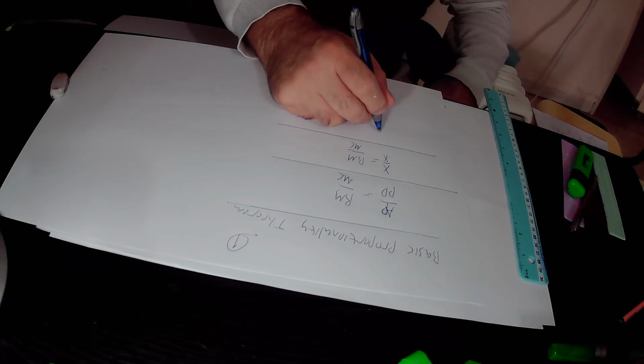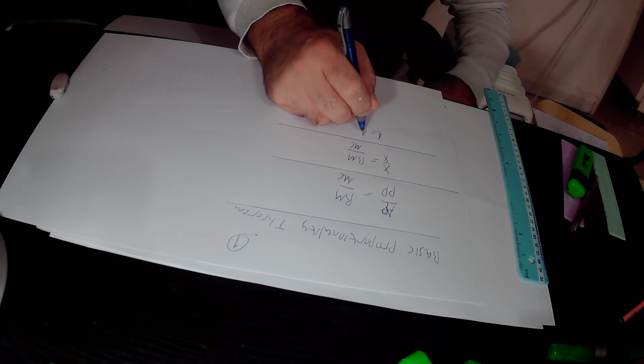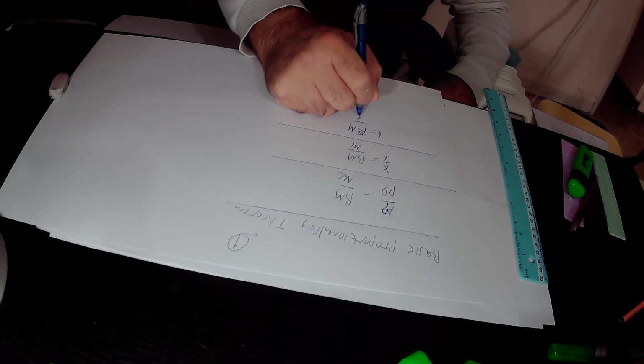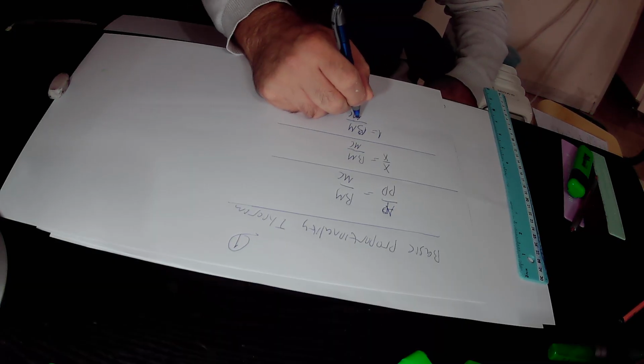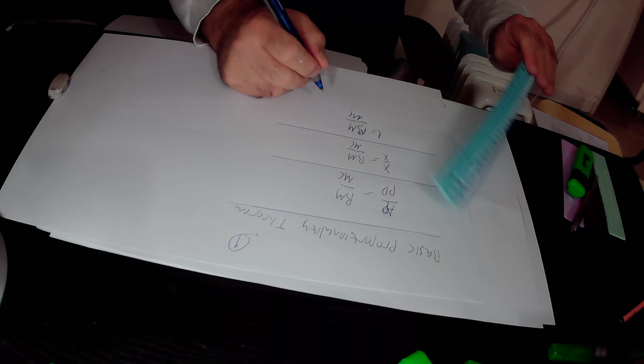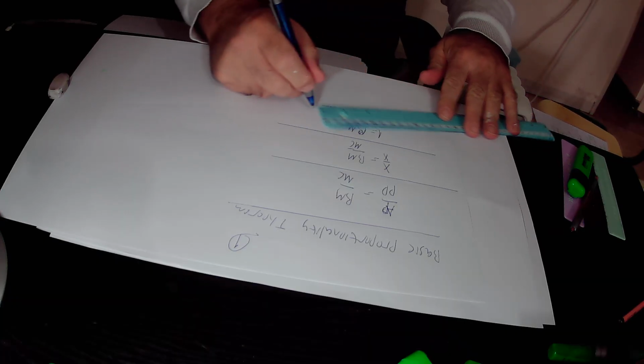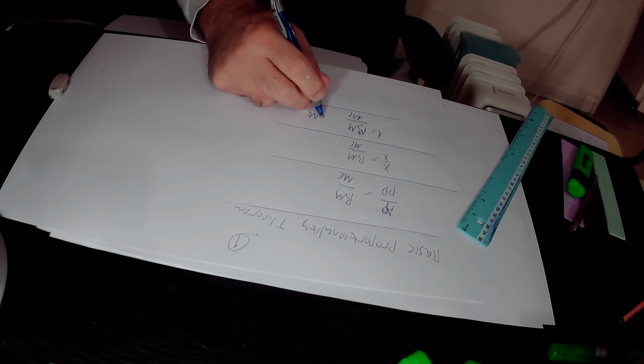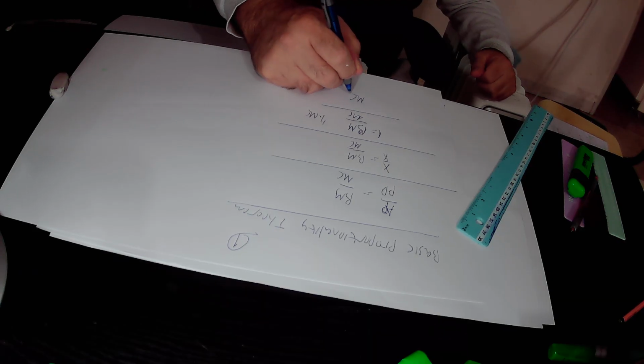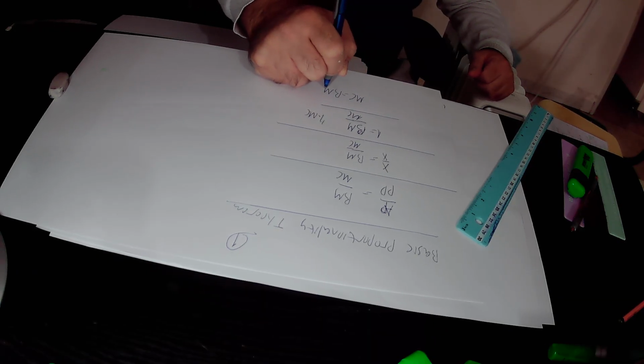X over X is 1, so 1 equals BM over MC. Here we will multiply the equation by MC, and finally we get that MC equals BM.